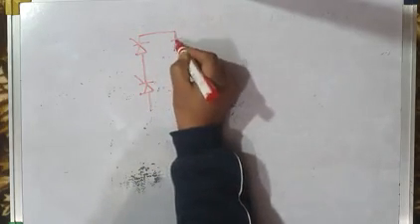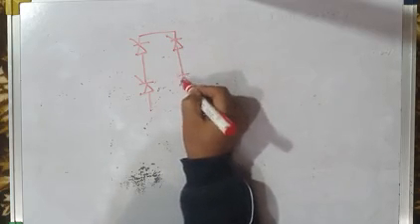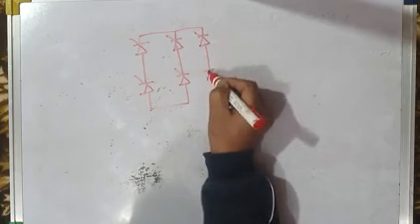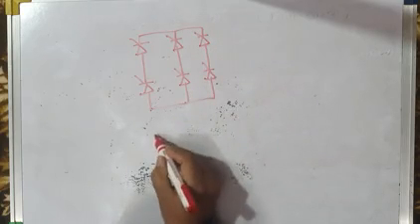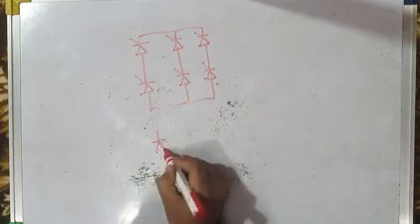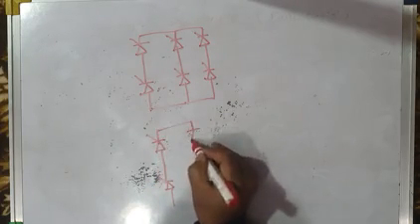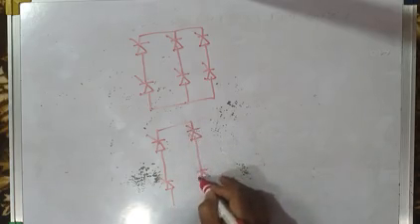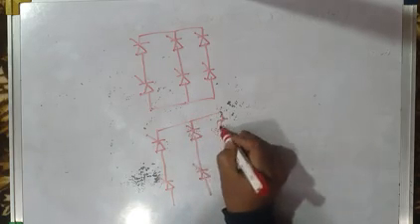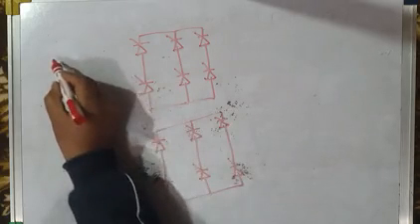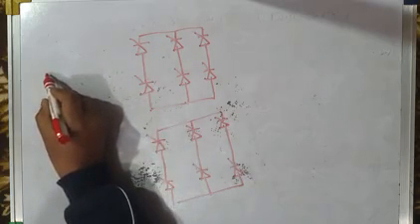Let me show you the power circuit diagram of a 12 pulse converter feeding a DC motor drive, a separately excited DC motor. It is like this: one 6 pulse converter, and then another 6 pulse converter just below it. For this we have a primary winding.